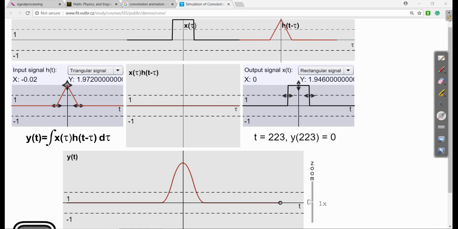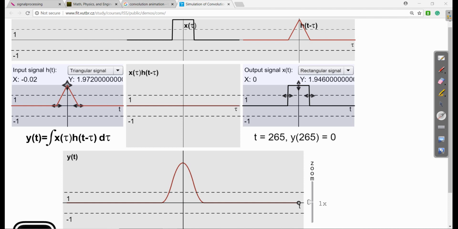Now y of t here is simply the integration of x of tau into h of t minus tau. So we have this h, that is this triangular signal, being flipped, shifted by amount of t, multiplied with x, and then integrated, the area over the multiplication we are calculating.